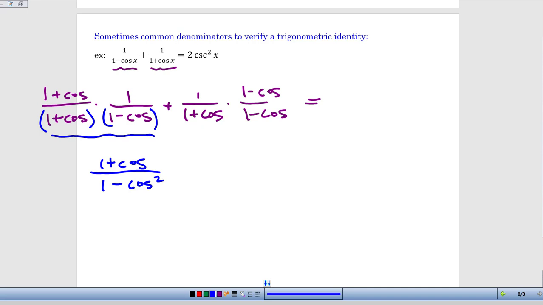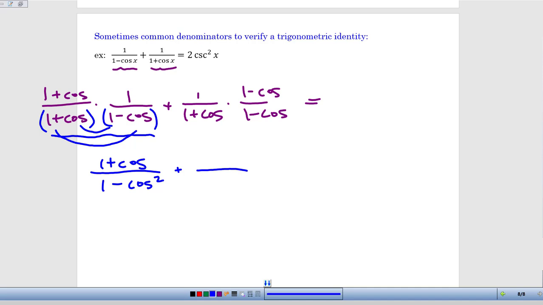Because if I FOIL it, the 1 times 1 gives me 1. The positive cosine times the negative cosine gives me a negative cosine squared. But then those middle two terms, the cosine times 1 and the negative cosine times 1, are going to end up canceling out. And so then I'm going to end up with the same thing on the other part.